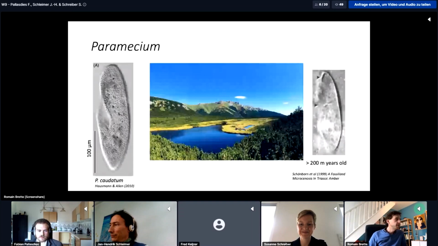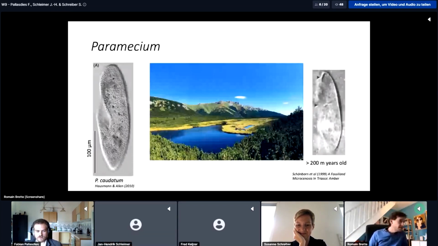You can find Paramecium in lakes and ponds, freshwater all over the world. And it has been on Earth for a long time, several hundred million years. On the right, you can see a specimen of Paramecium fossilized in Triassic amber, so at the time of the dinosaurs.